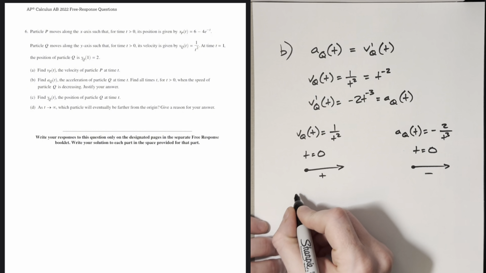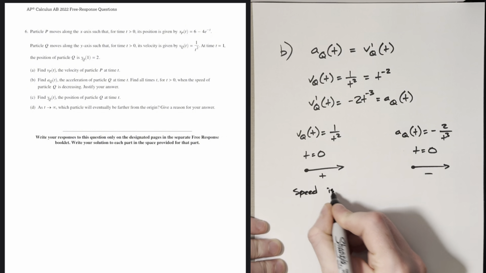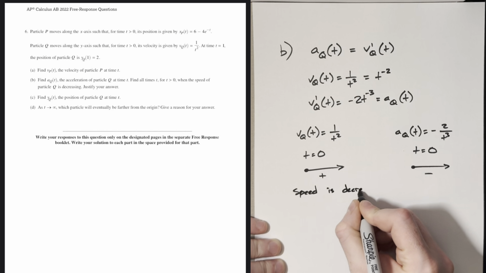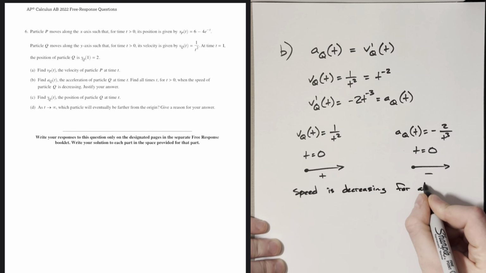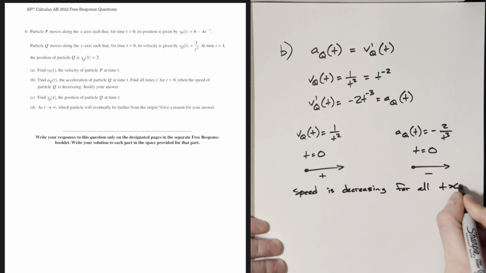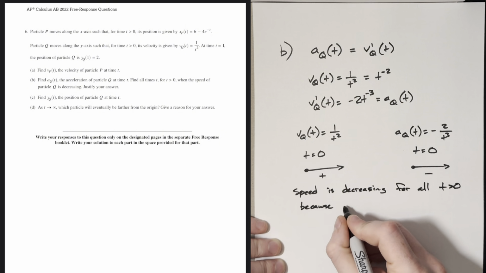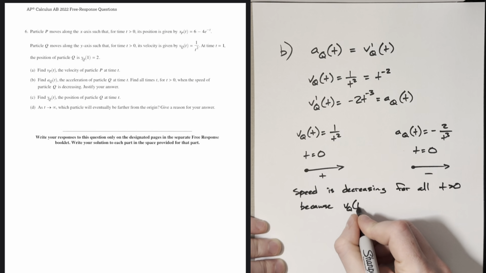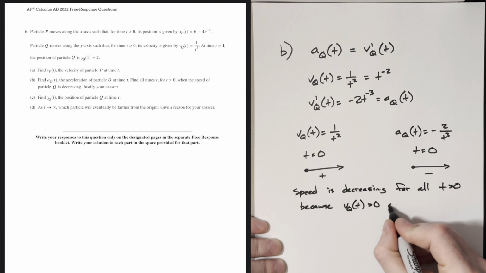So I would write our speed is decreasing for all t greater than 0 because velocity is always greater than 0 and acceleration is always less than 0.